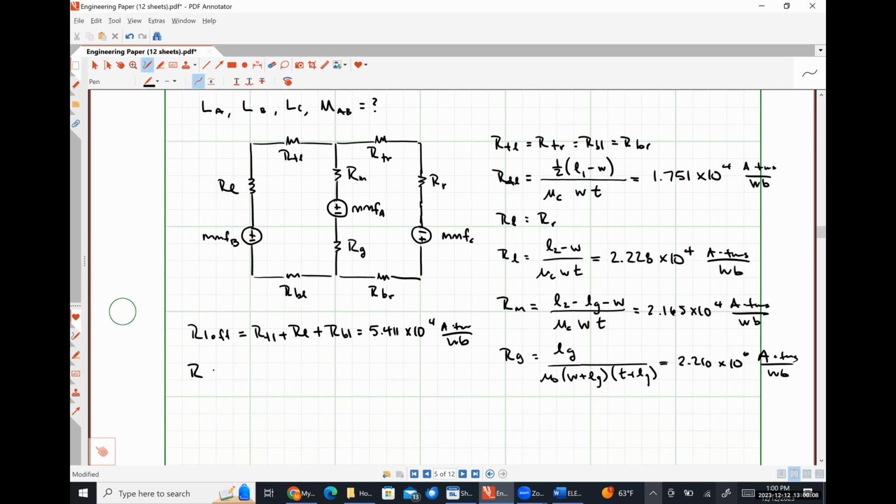The middle flux path in total is R sub M plus R sub G, which comes out to be 2.232 times 10 to the 6 amp turns per Weber. And the reluctance of my rightmost path is going to be the same thing as the reluctance of my left path, 5.411 times 10 to the 4 amp turns per Weber.